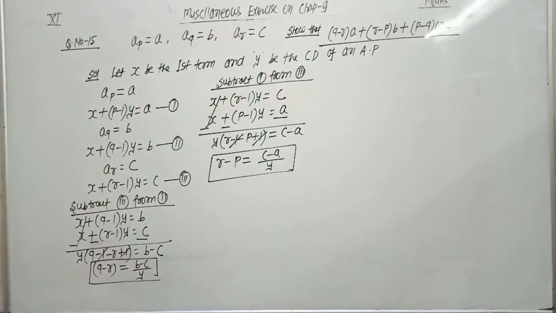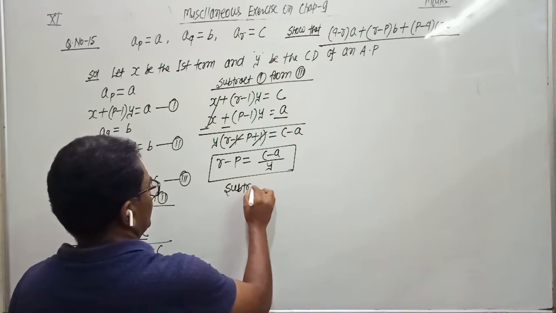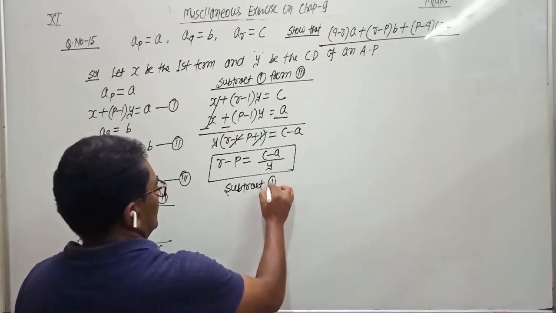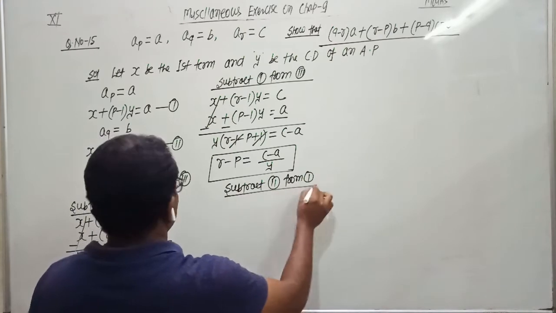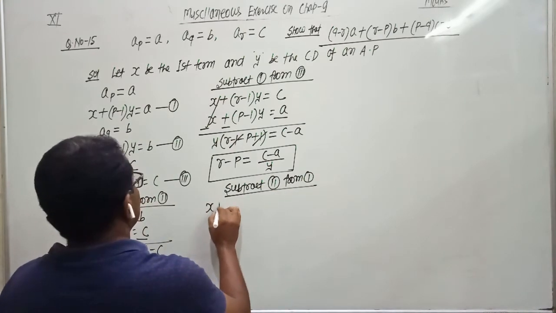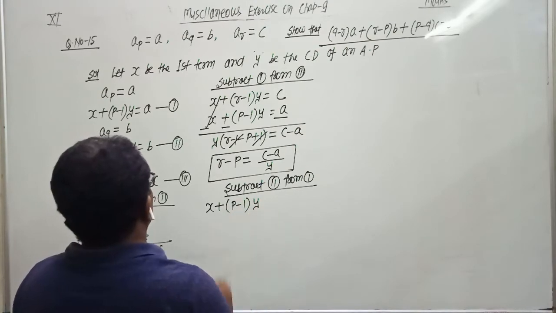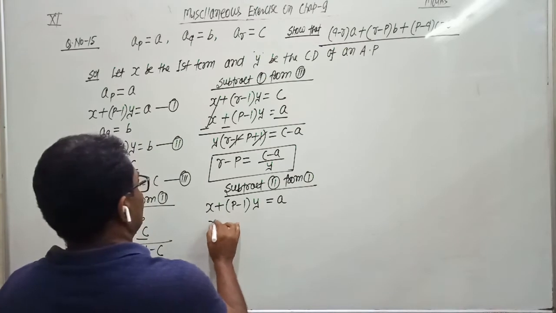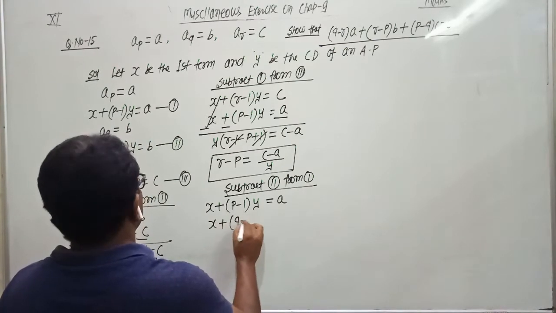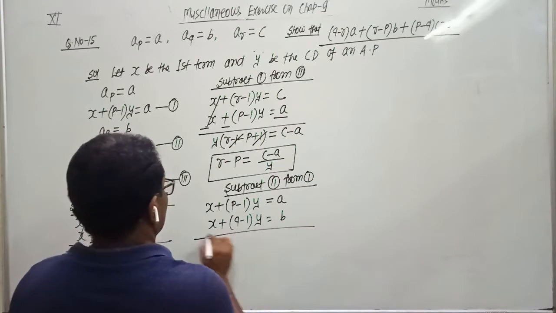Now for finding p minus q, subtract the second equation from the first. So x plus (p minus 1) into y equals a, and the second equation is x plus (q minus 1) into y equals b.